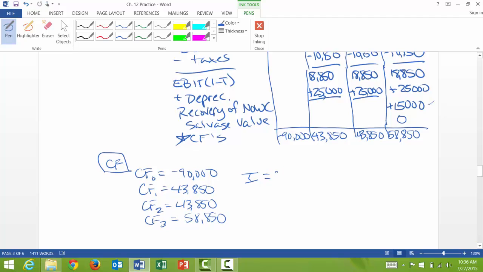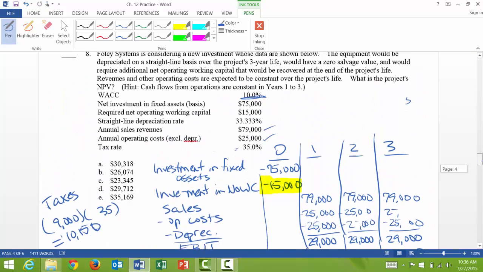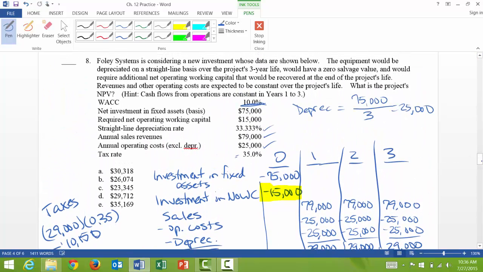So I would put in 10, and hit compute NPV, and we'll get an NPV of 30,318. And so we would accept this project because it has a positive NPV, so we should add value to the shareholders. And if you go up here, we got 30,318, so that was answer A.